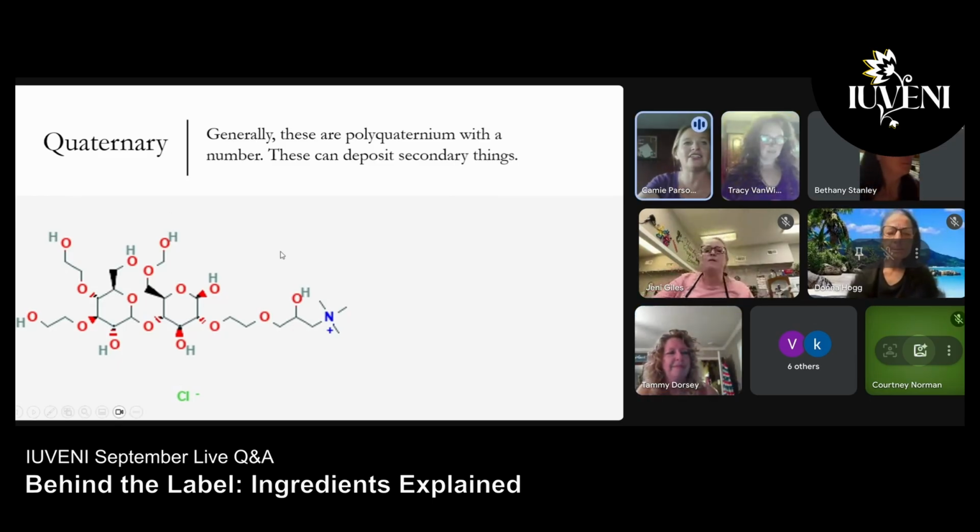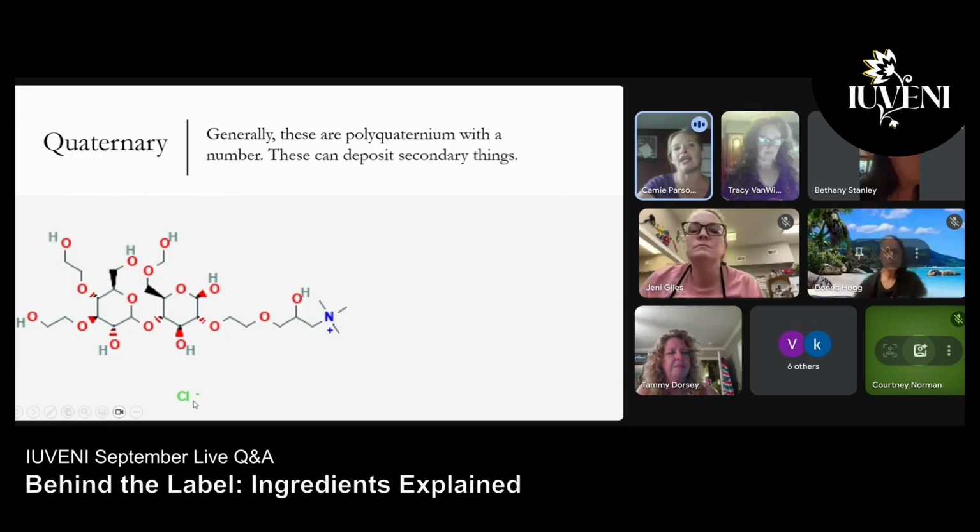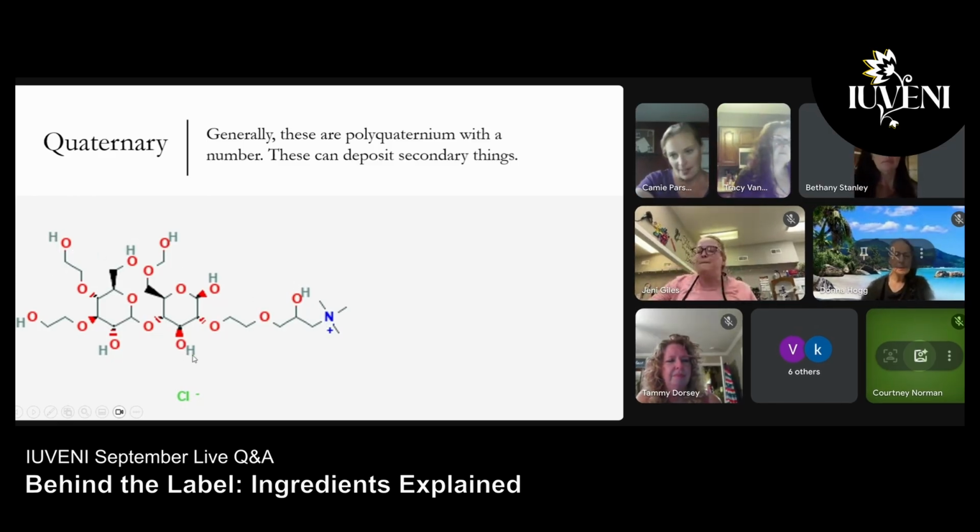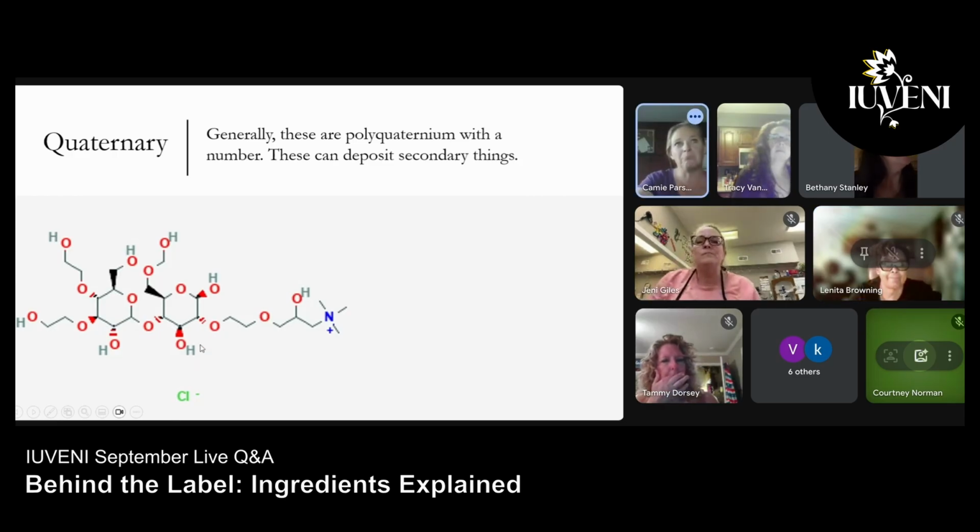One of the things to watch for is a negative and a positive, which means these two are going to interact. But look how many OHs there are on the edges. That's the poly. Poly means multiples, and quaternium just means generally it's used in beauty products.